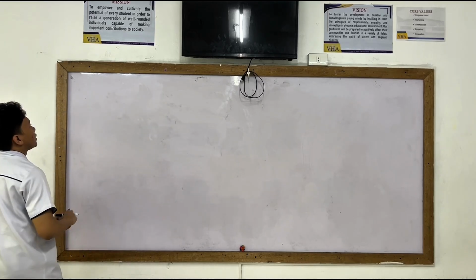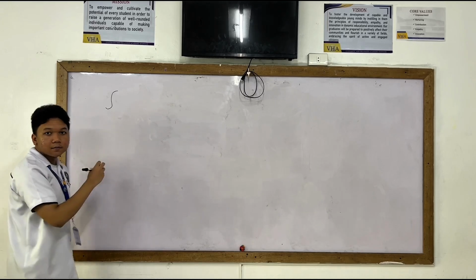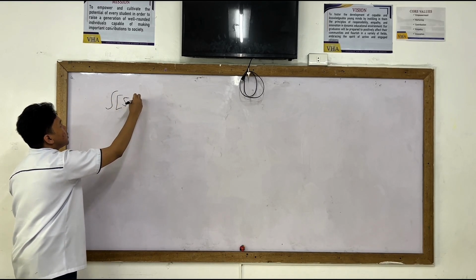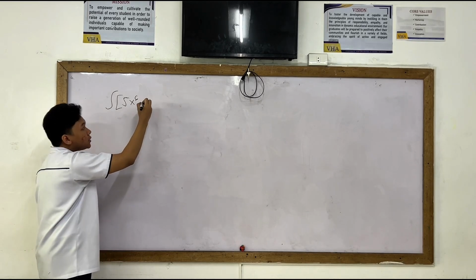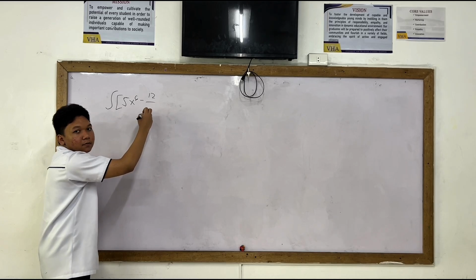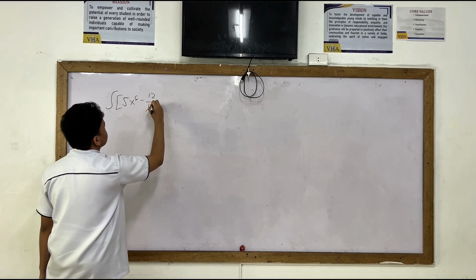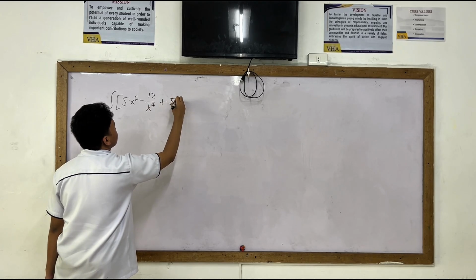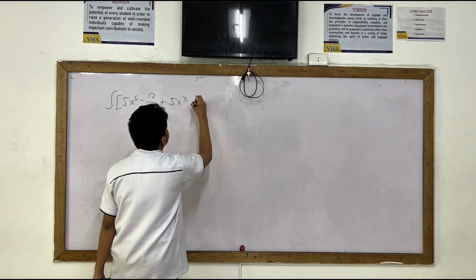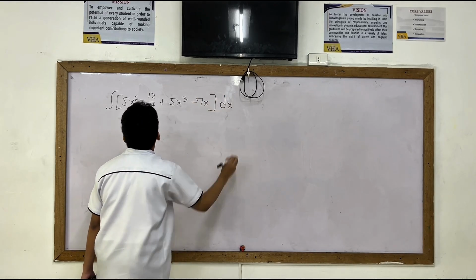We're trying to get the integral of 5x raised to 6 minus 1 over x raised to 4 plus 5x raised to 4 minus 7x dx.